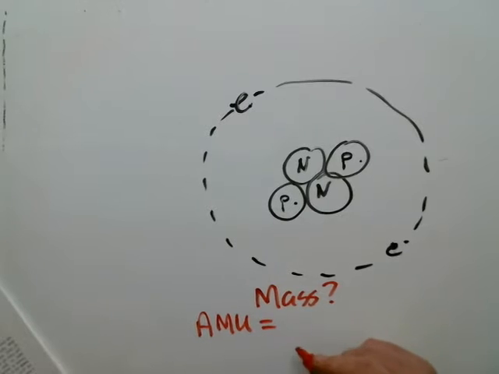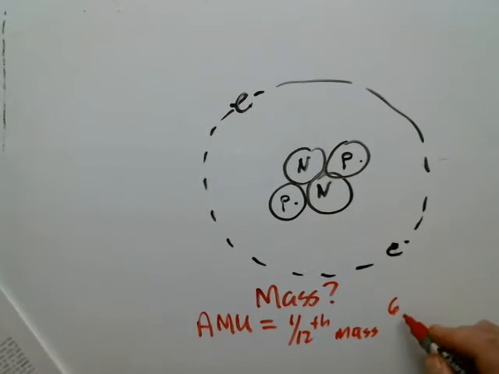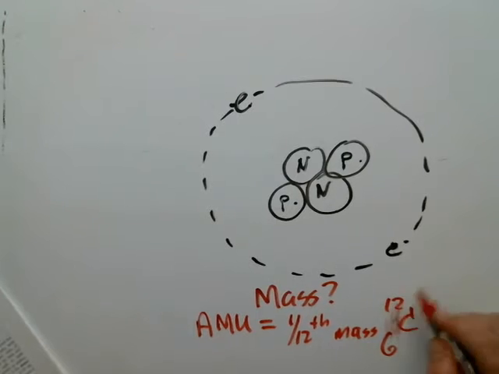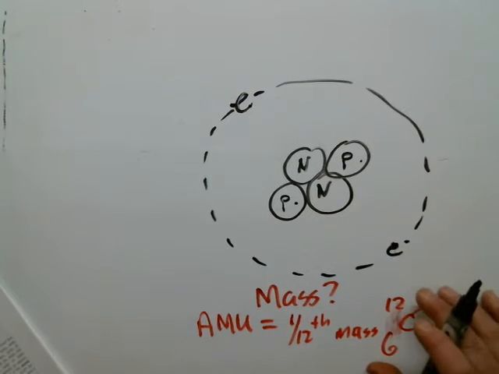And it's equal to 1/12 the mass of carbon-12. You might ask yourself why carbon-12 was chosen. Carbon-12 is the most abundant isotope on Earth.